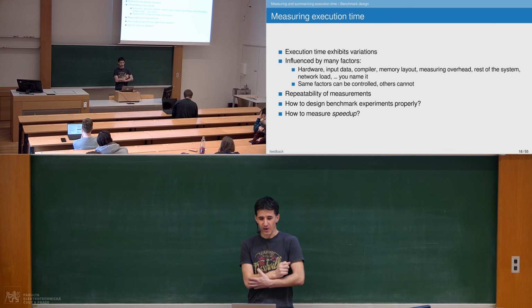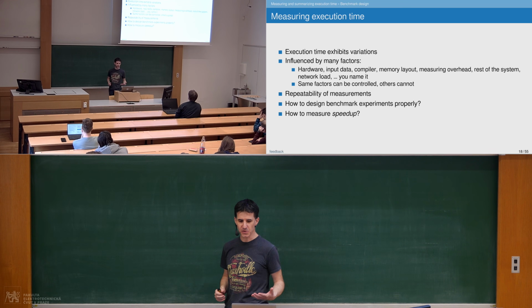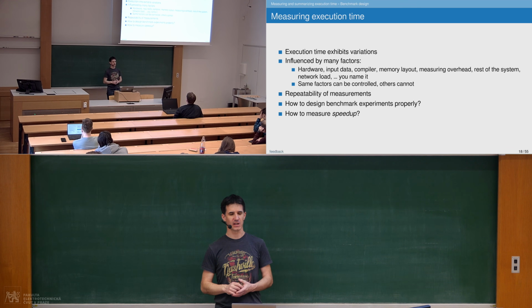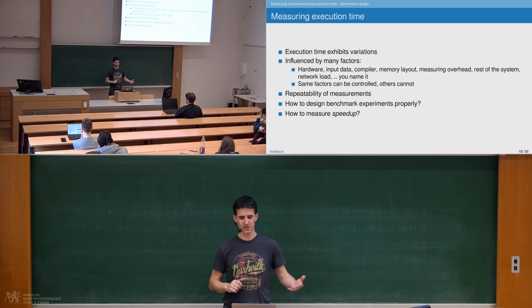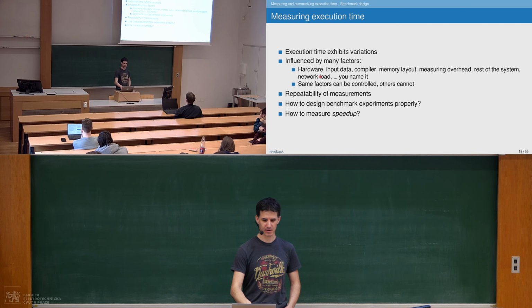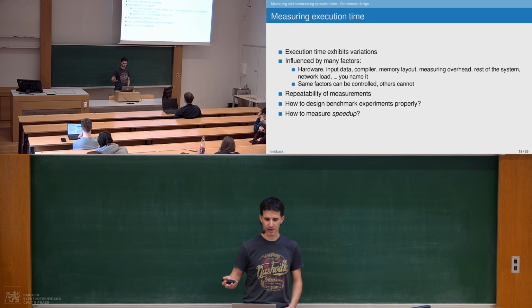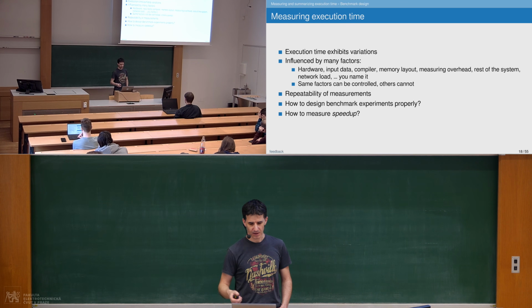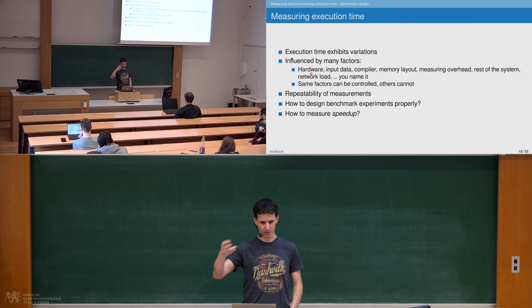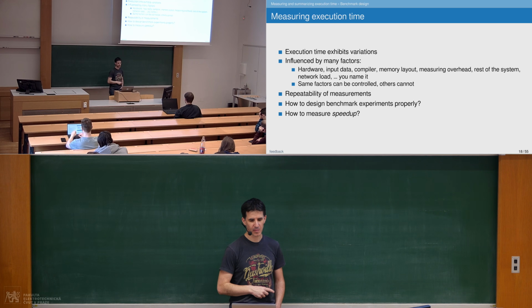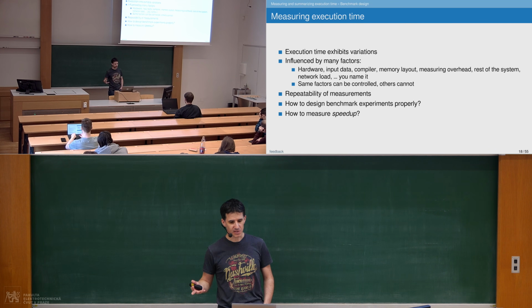So the reason why this is the case is that there are many factors that actually influence this execution time. So it's hardware. This measurement time depends on data, on the memory layout of your applications, on network load, system load, I don't know, whatever. So there are many factors. Some factors can be controlled.